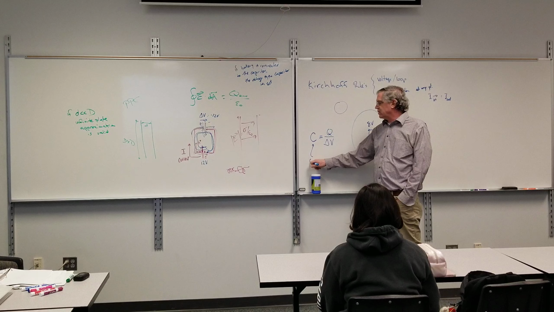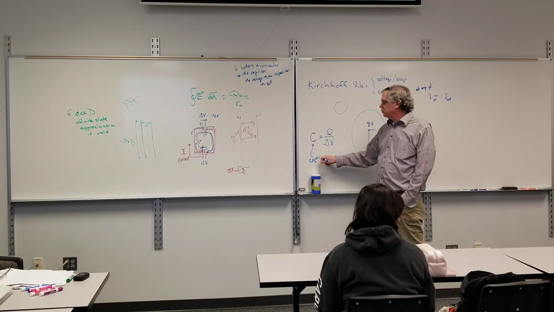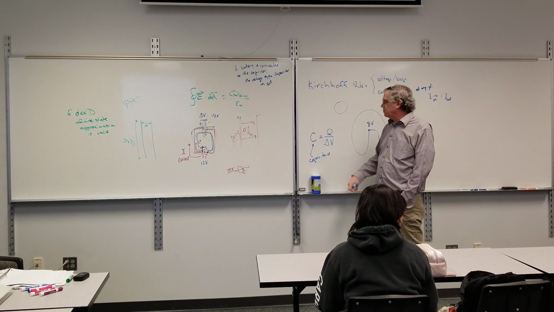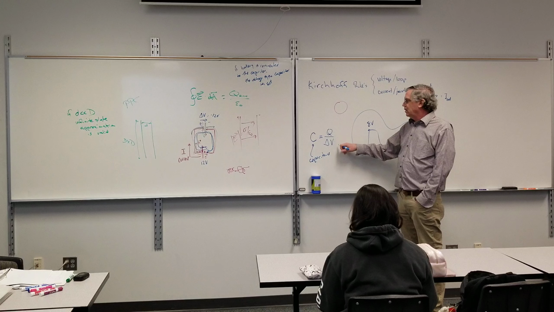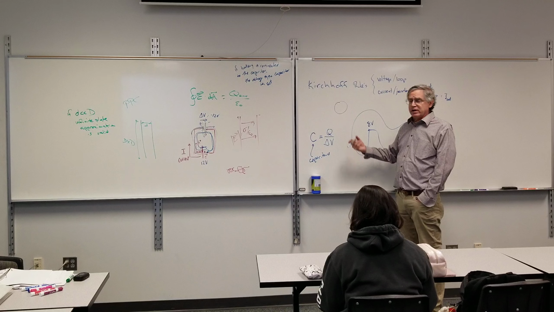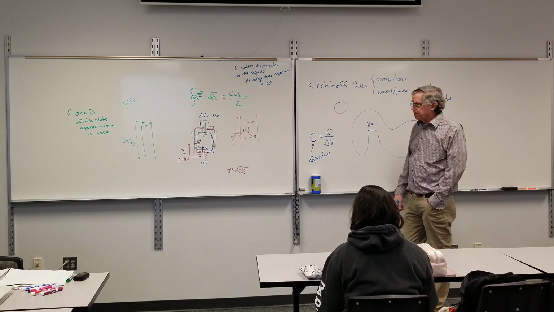This C right here is capacitance. It is not coulombs. And so if I have a set capacitance, then if I know what the voltage is, I can figure out how much charge is going to be on the plates.